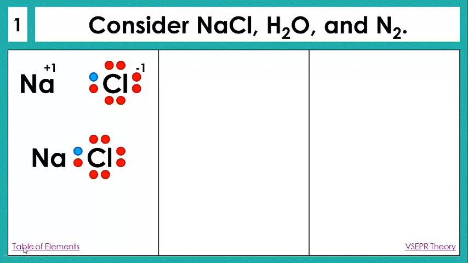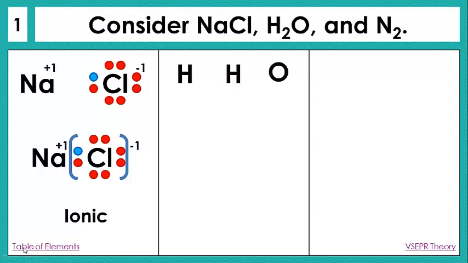So to put it all together, we have our sodium and our chloride with our +1 and -1 charge, and we put brackets around the anion. This is going to be an ionic compound, and we know that because we've got sodium, which is a metal, and chloride, which is a nonmetal. Anytime we have those together, we'll have an ionic compound.